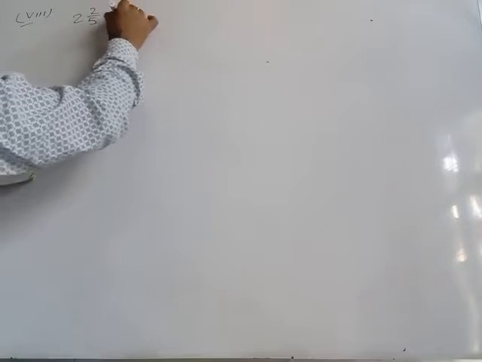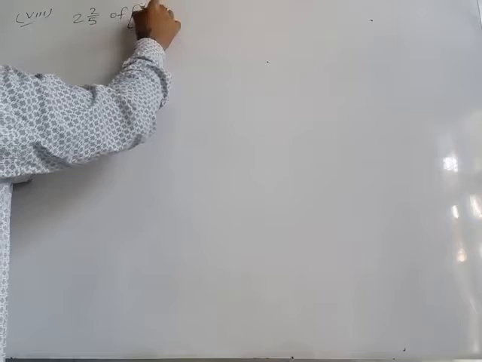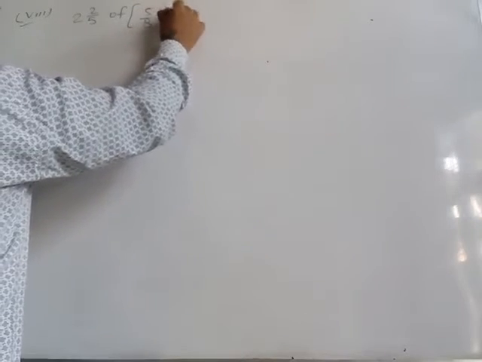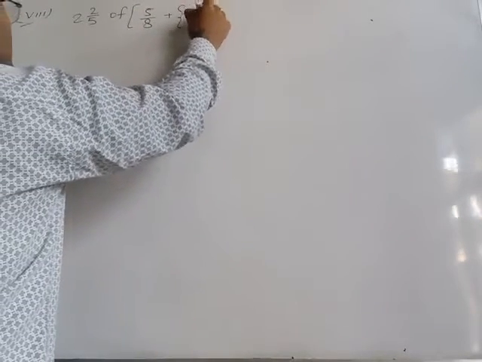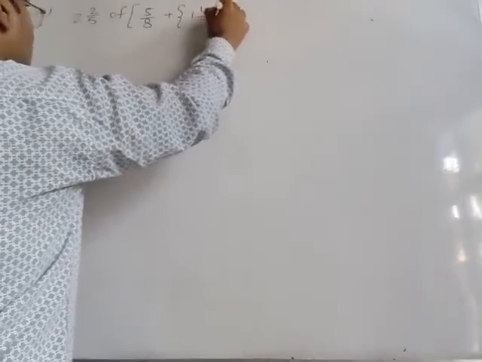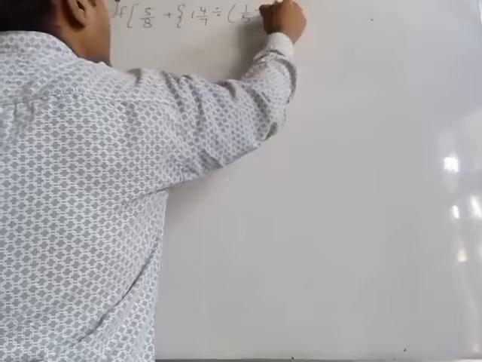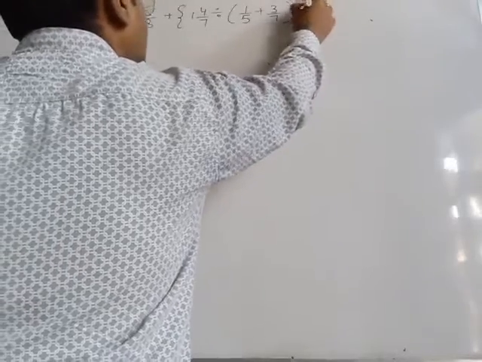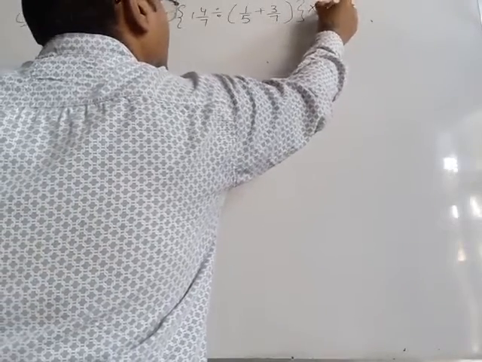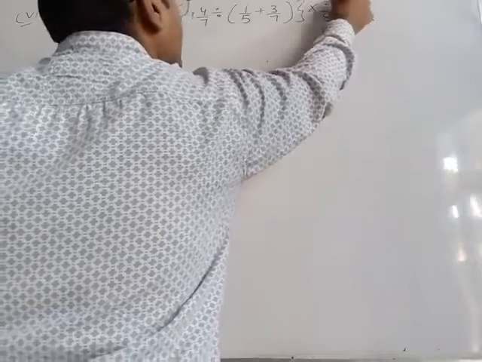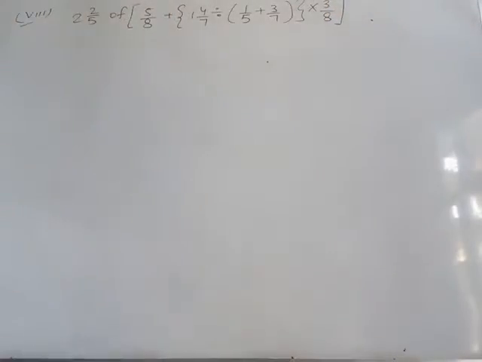Question is 2 whole 2 upon 5 of 5 upon 8 plus curly bracket 1 whole 4 upon 7 divided by 1 upon 5 plus 3 upon 7 multiply 3 upon 8. This is the question. What we will do here?